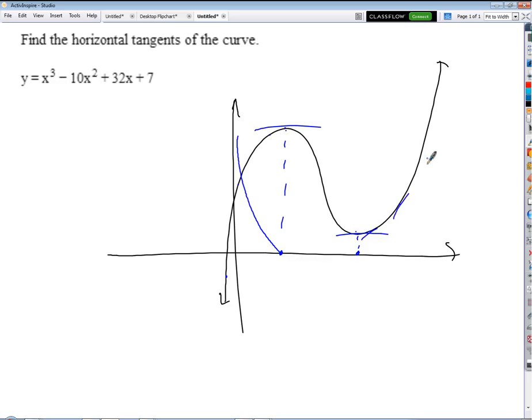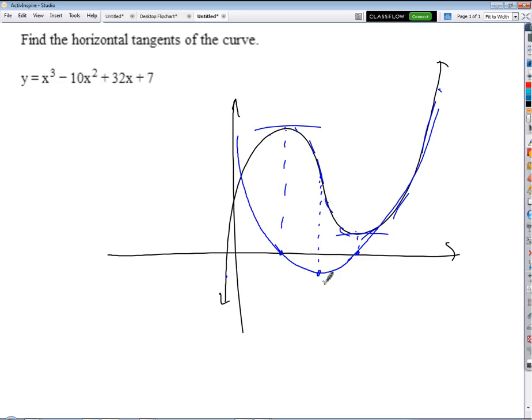Small and positive, bigger and positive, large and positive. What about in between? Well, small and negative, larger and negative. There's the biggest negative value we get, right? And then it starts to get less negative again, right? So that's going to correspond to the minimum of the parabola, isn't it? That's going to be the smallest value. So it's going to do something like that. I didn't draw it very well, but you get the idea, right?